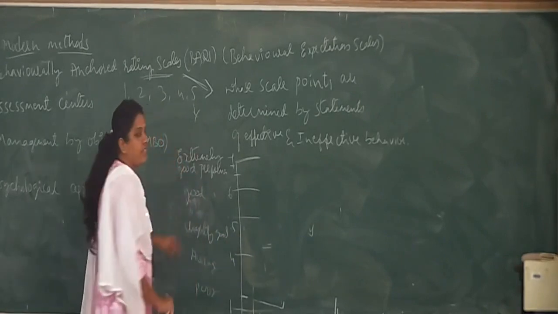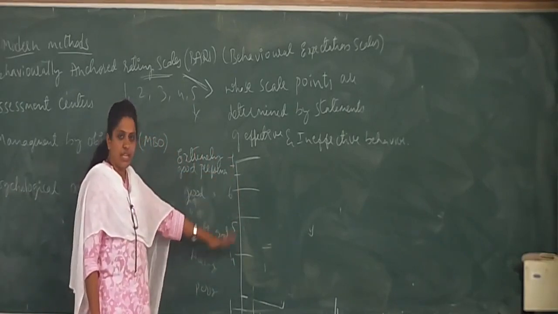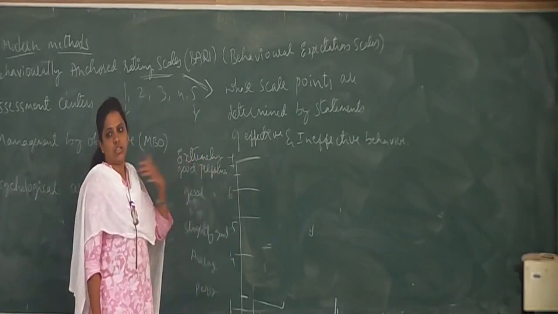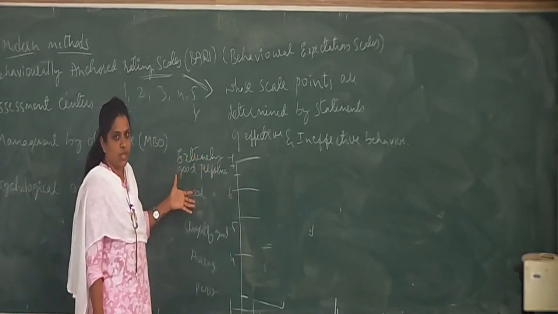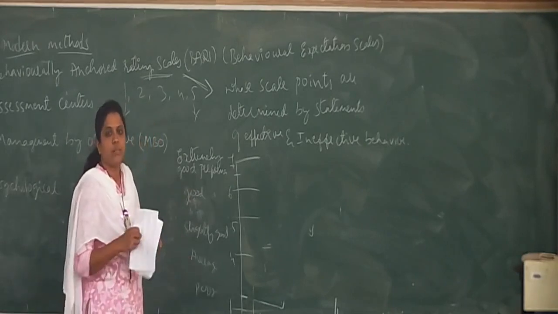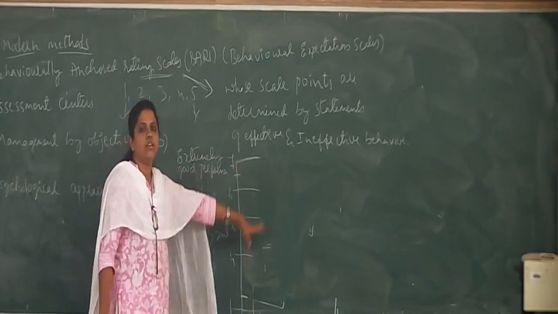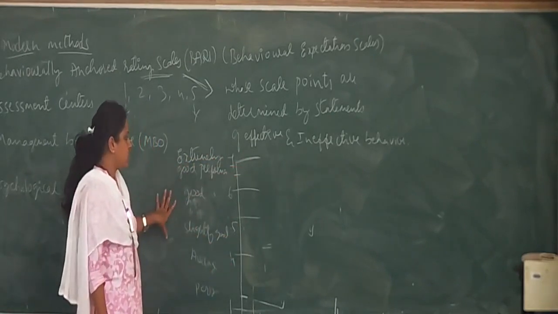You can have any number of rating scales. You can have 5 of them, 3 of them, or 7 or 10 of them based on the job nature. If the job requires more number of tasks, you can have rating scales for each of the tasks. So this is just one of the examples.